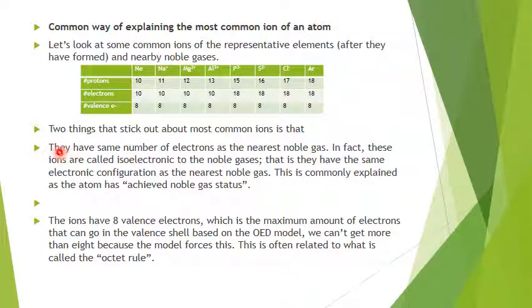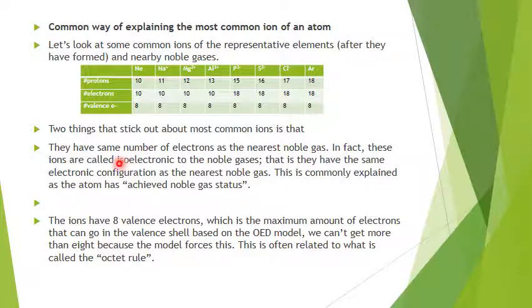So two things stick out. When they form their ions, they have the same number of electrons as the nearest noble gas. The positive ions have the same number of electrons as the noble gas in the previous row. The negative ions have the same number of electrons as the noble gas in the same row.